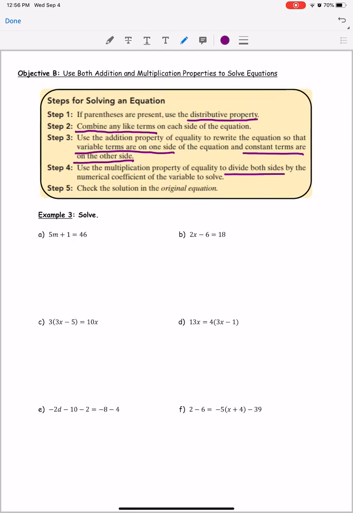So that means I need to take care of this plus 1 first. So what is the opposite of adding 1? That would be subtracting 1. And what I do to one side of this equation, I must also do to the other.